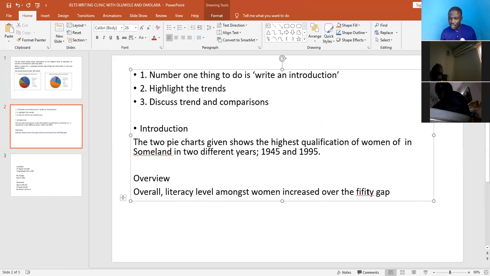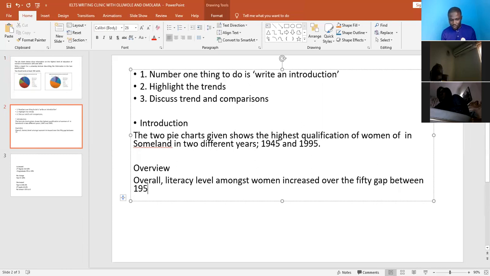Women increase over the 50 years gap, okay, between 1945 and 1995. Okay.